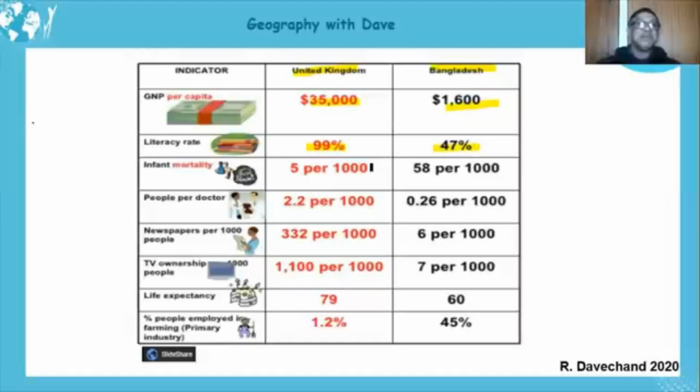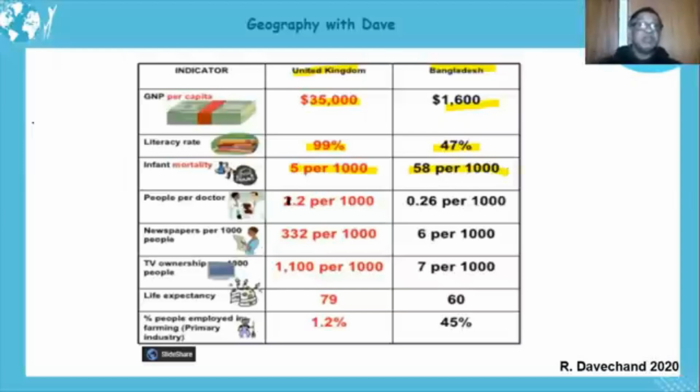Massive. Infant mortality rate, 5 per 1,000 in the United Kingdom. Look at Bangladesh, 58 per 1,000. Lack of healthcare, or proper healthcare for all. They still will have private hospitals there, but many people won't have those facilities of top quality hospitals.